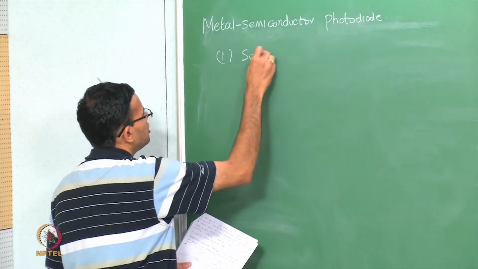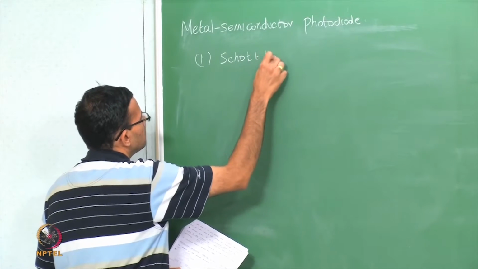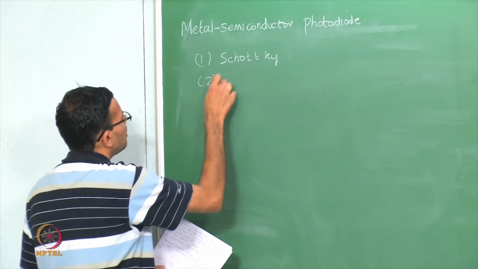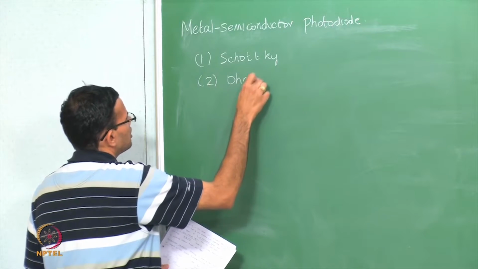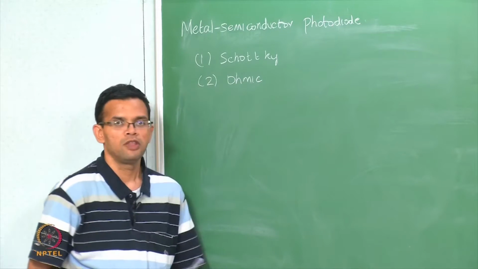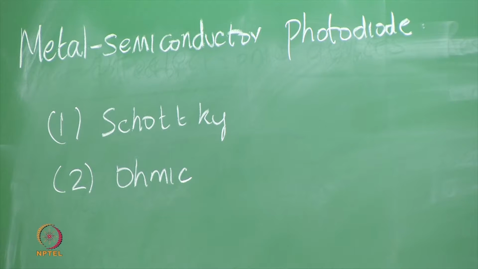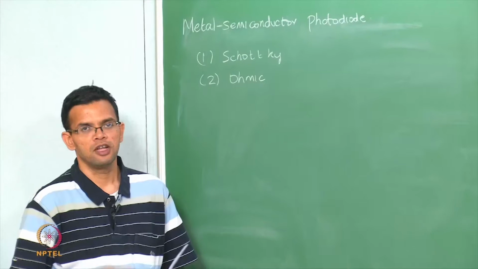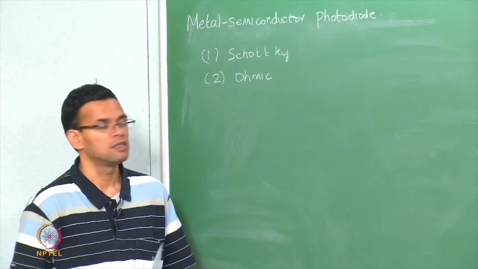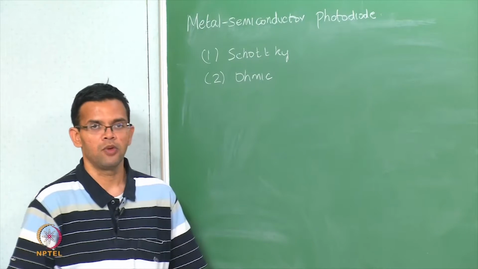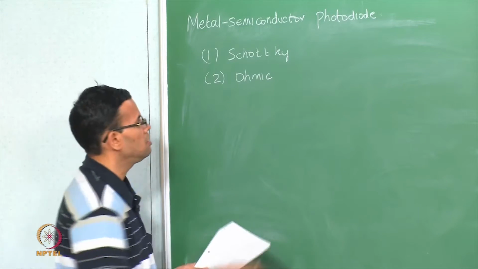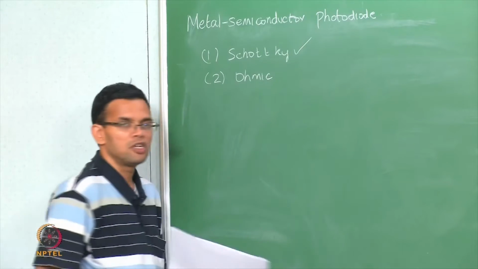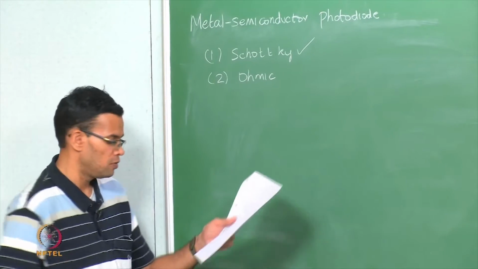One is your Schottky junction, the other is the ohmic junction. So, in the case of a photodiode, we want a depletion region, so that we can generate electron hole pairs. Now, the Schottky junction is the one that has a depletion region. So, we use a Schottky junction to form your photodiode.